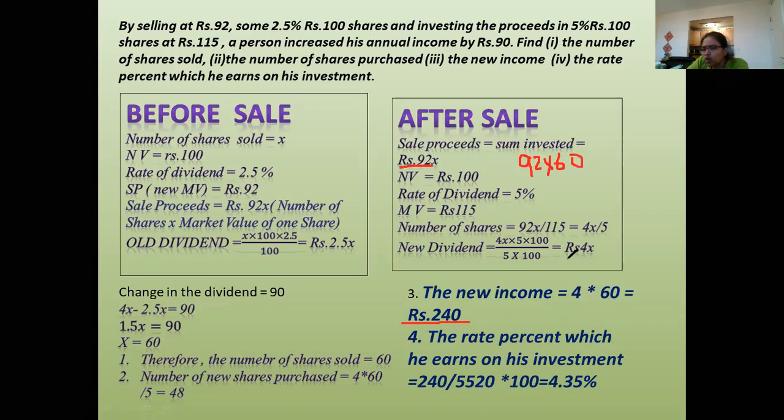So with this, what will be the rate percent which he earns? That is the profit percent you need to find, which will be dividend upon investment into 100. You'll get the profit percent as 4.35. Hope you understood this very clearly. Am I clear?